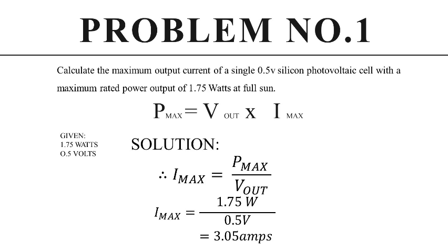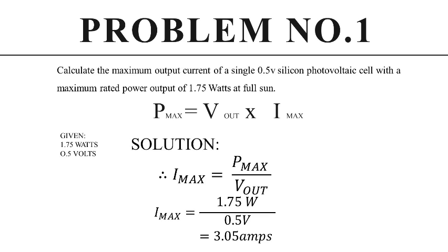Solution: I max is equal to P max over V out. I max is equal to 1.75 watts over 0.5 volts, which is equal to 3.0 amps.